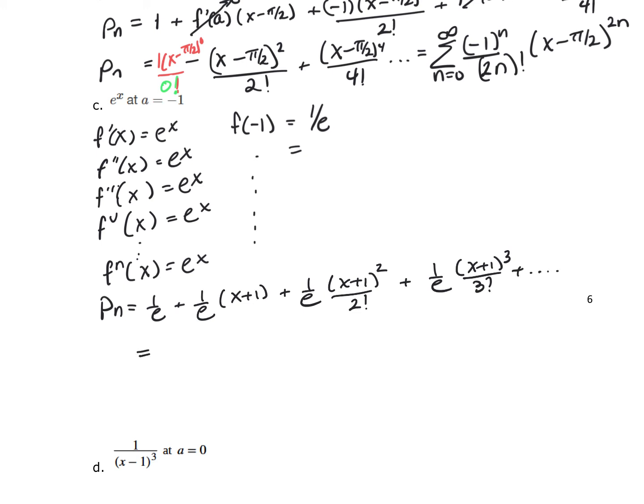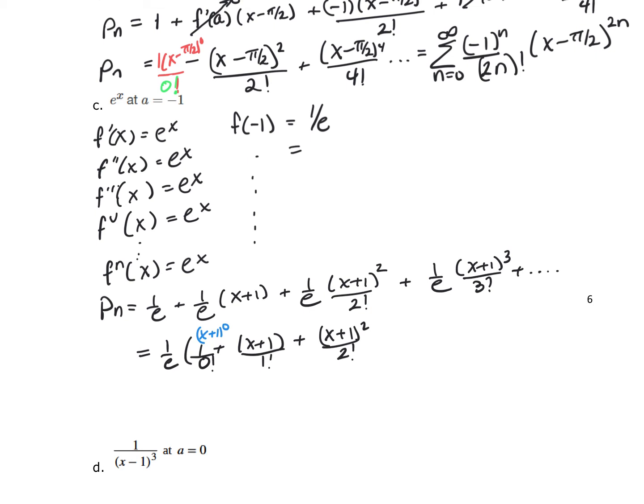So this is going to be equal to 1 over e, because it's common in all of them. I'm going to factor out the 1 over e, and then I'm left with 1 plus x plus 1 plus x plus 1 squared over 2 factorial. I could write this as 1 factorial, I can write this over 0 factorial, and at the same time, I could say this is x plus 1 raised to the 0.